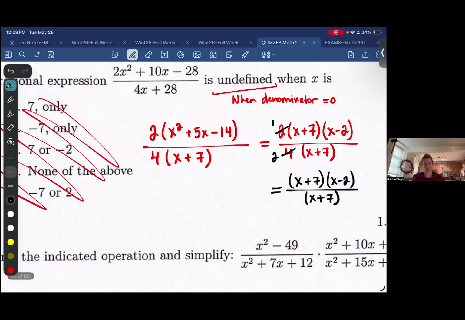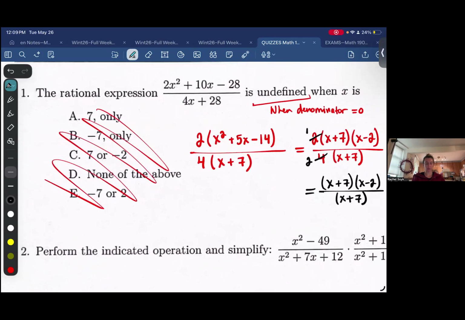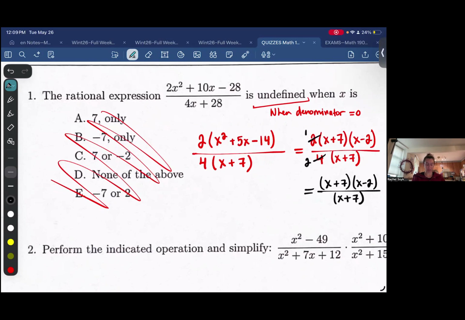But again, that doesn't really apply to this specific question. This question is just asking what makes it undefined, which means you can literally just set 4x plus 28 equal to 0 and then find it that way.